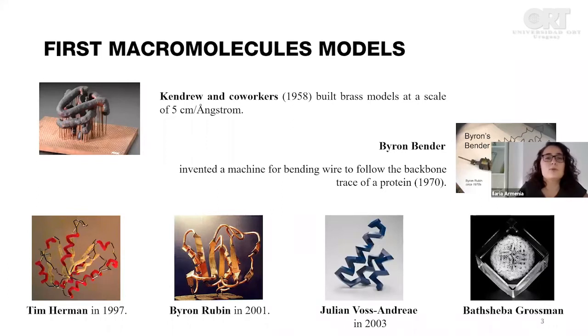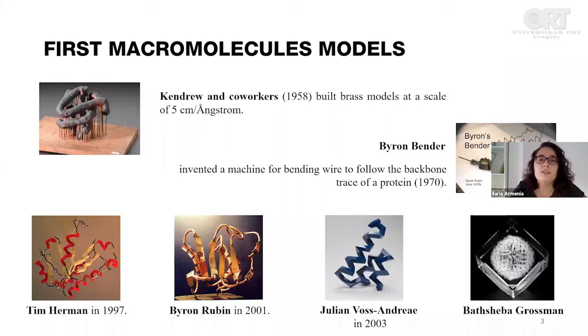So they just used plasticine and Bragg's model to see myoglobin. This is the first protein, and this is the first model that we have in history. I really like it, and as you can see, it's 5 centimeters per Angstrom. And actually, it was really difficult to take this model to a congress or to show it to another scientist.